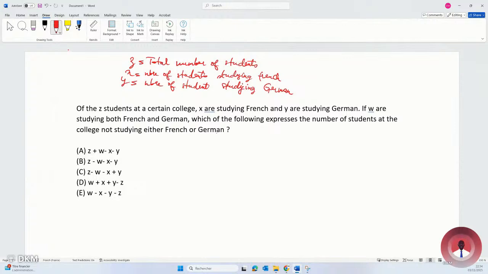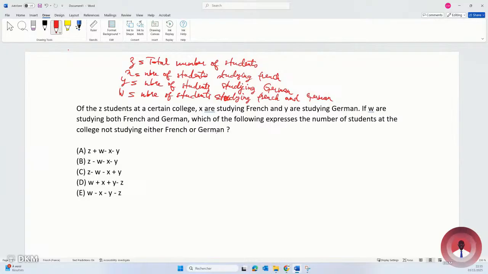And then if W are studying both French and German, okay, so W is equal to the number of students studying French and German.